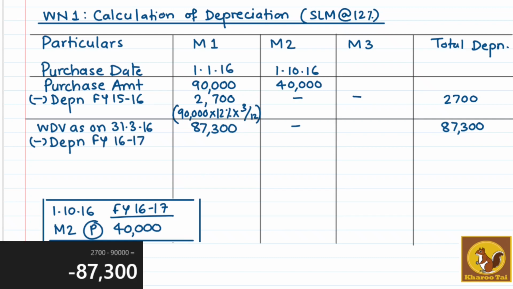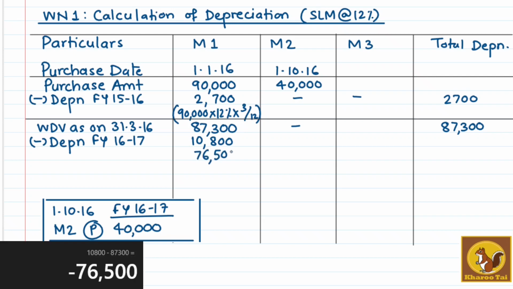For the first machinery, our calculation will be the same as this is straight line method. We will calculate depreciation on 90,000 into 12 divided by 100. The amount is 10,800 and we have used this machinery for the whole year. So 87,300 minus 10,800.